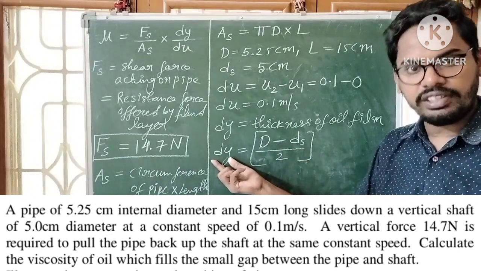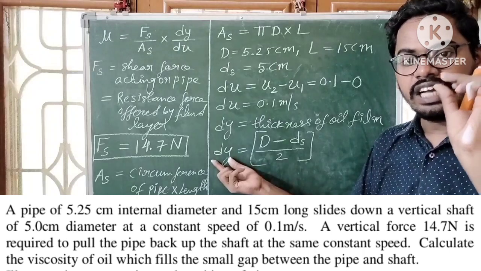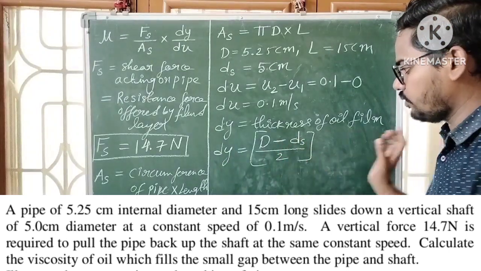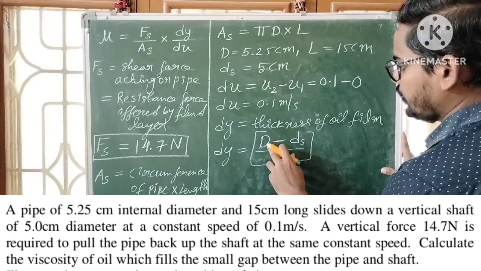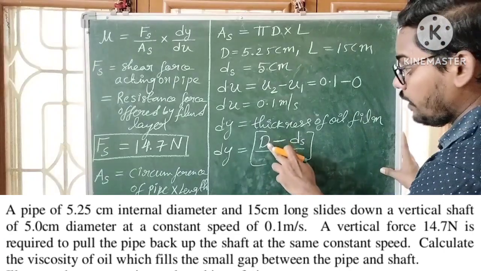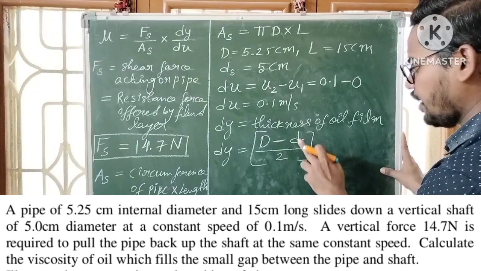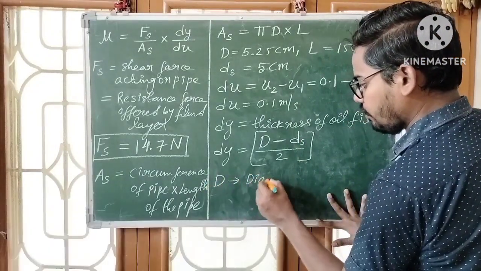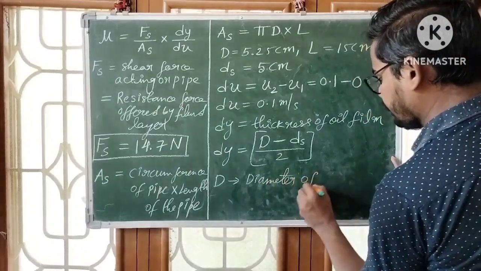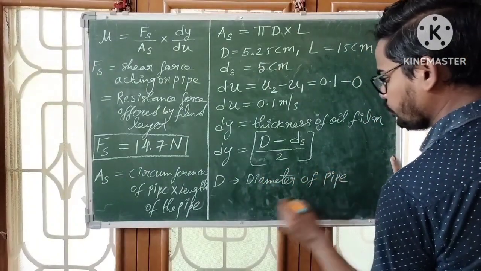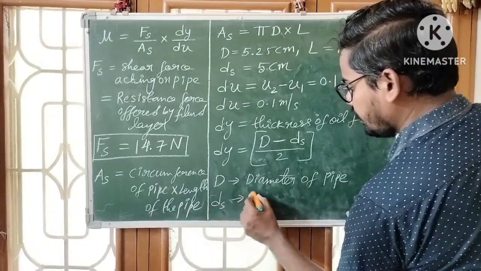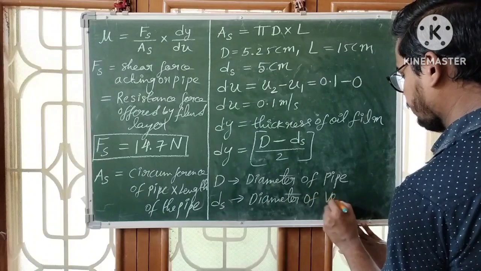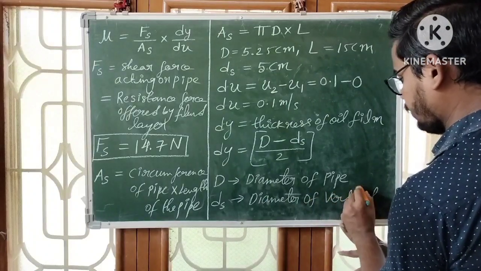So dy is equal to capital D minus small ds by 2. Please remember, here capital D means diameter of the moving pipe, and ds means diameter of the vertical shaft.